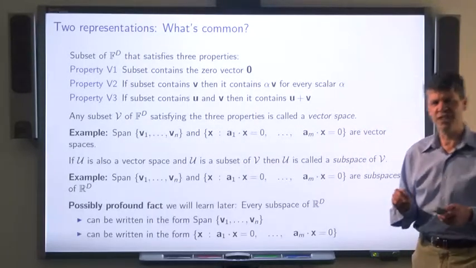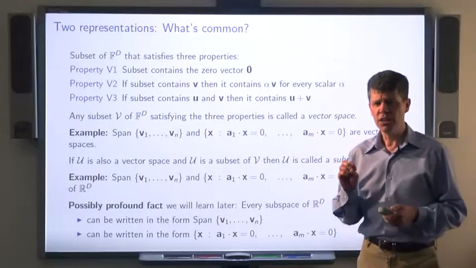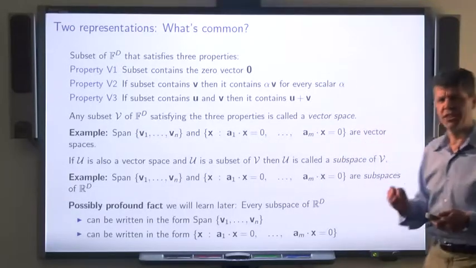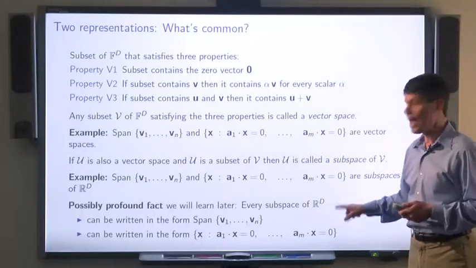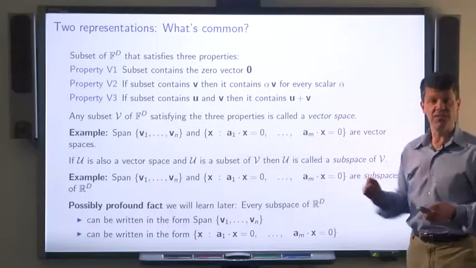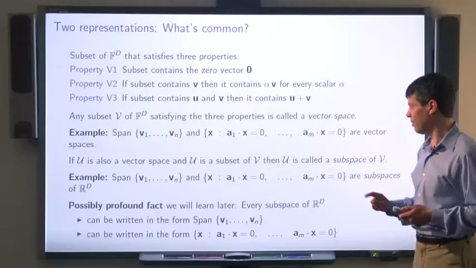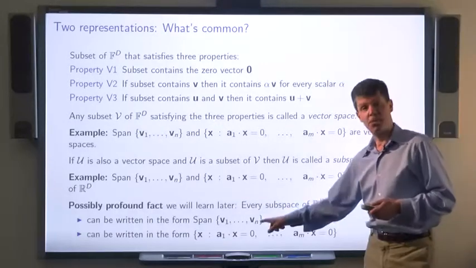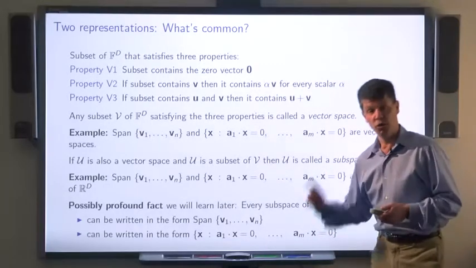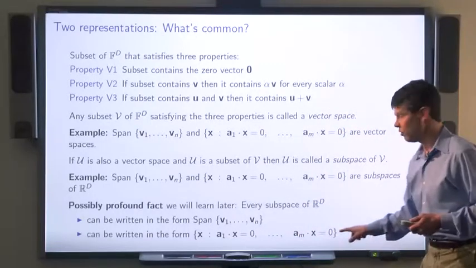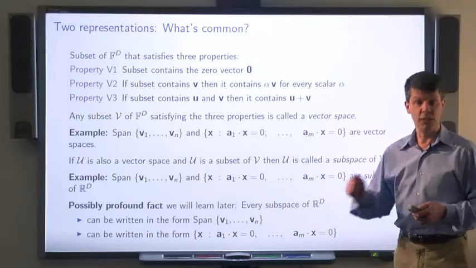Here's a fact that turns out to be not so hard, but quite central to linear algebra, that every subspace of R^d can be written in each of those two forms. Every subspace can be written as the span of some vectors, and every subspace can be written as the solution set of linear equations where the right-hand side equals 0.